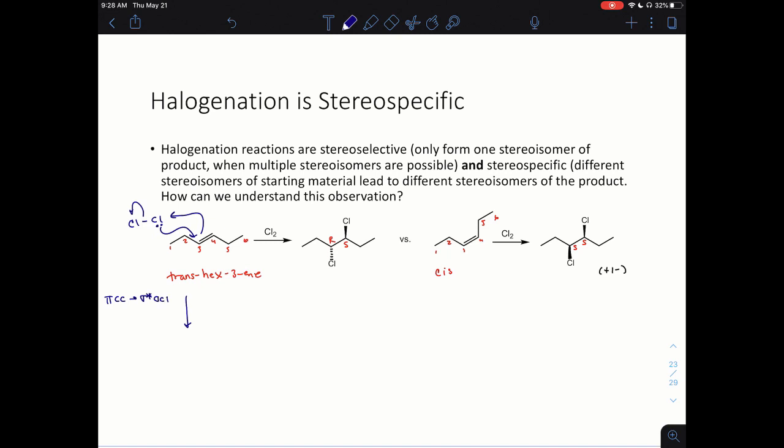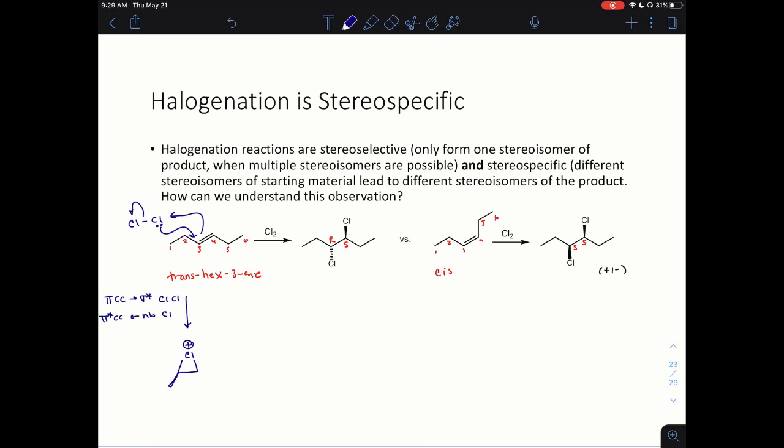That's just our typical electrophile addition. What is atypical, at least before today, is that then the non-bonding pair of electrons on chlorine attacks pi star CC. So both species, the alkene and the elemental halogen, donate and accept electrons. That will generate a chloronium ion.